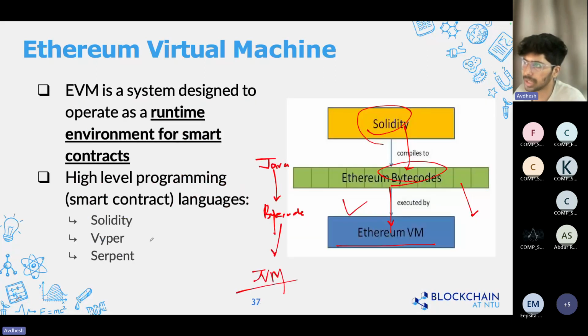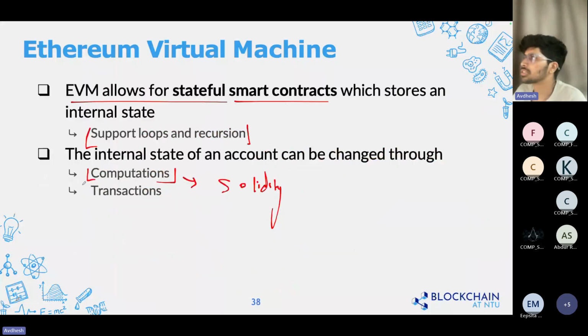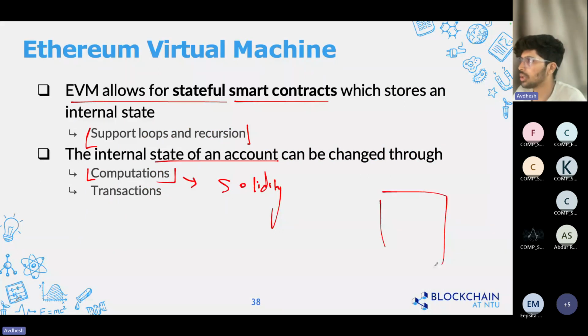Viper and Serpent, I think, are deprecated, so no one uses them right now, but Solidity is still strong. So the state of an account, which has the balance, the storage root and everything that we discussed, can be changed either through computation like the code, or through transactions.